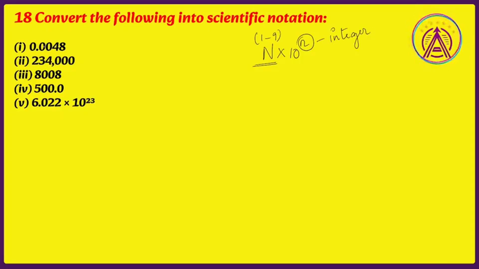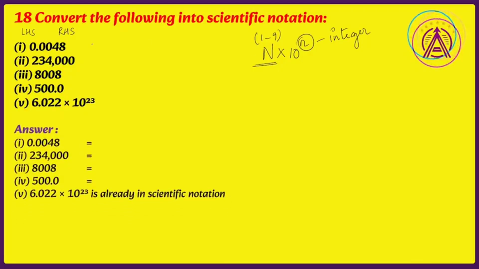In other words, if you're moving your decimal, for your reference, this is my left side, this is my right hand side, correct? If at all you're moving your decimal towards the right, then you get a negative integer. If you move your decimal towards the left, then you get a positive integer for n. So representations are pretty clear over here. You all can try it by yourself and then cross check the answer.